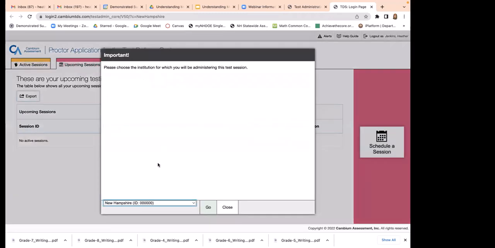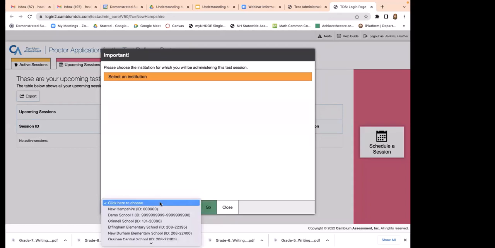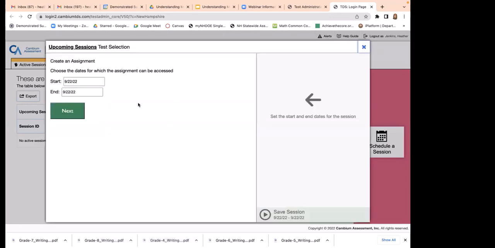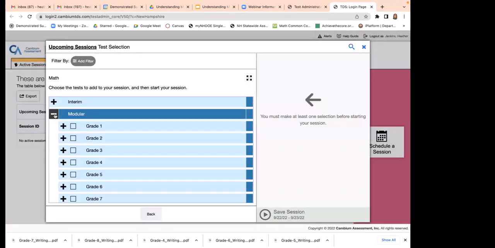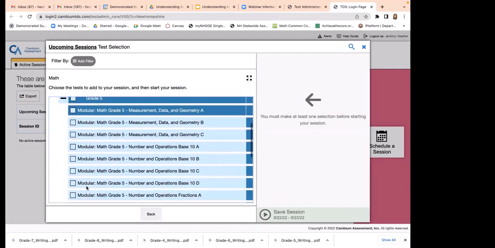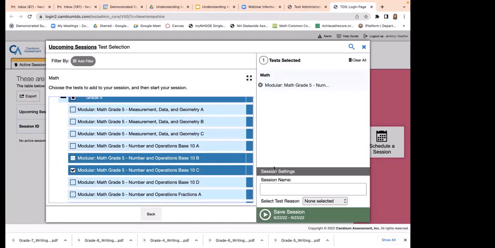So if I schedule a session here, and I'm going to put today, and then I'll say today to tomorrow, and I click next, and I'm going to choose a math modular for 5th grade. And I'm going to say, I would like this one here.